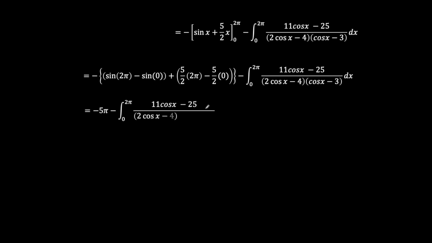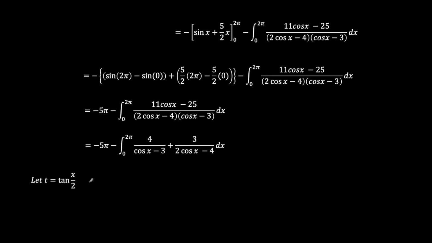Now, focusing on the next part here, we can decompose this fraction into partial fractions, and that becomes 4 over cosine x minus 3 plus 3 over 2 cosine x minus 4.